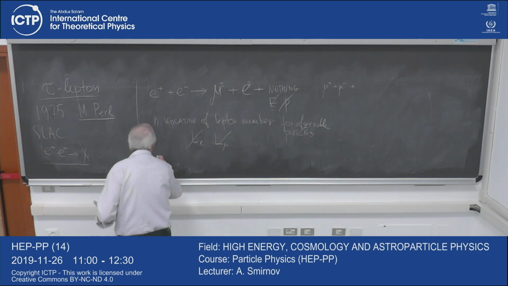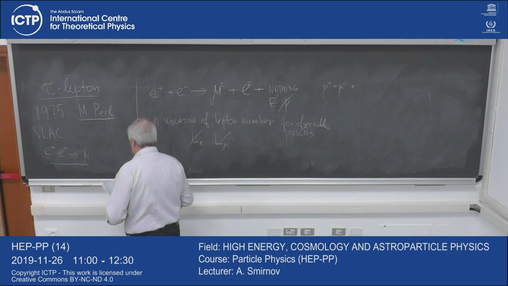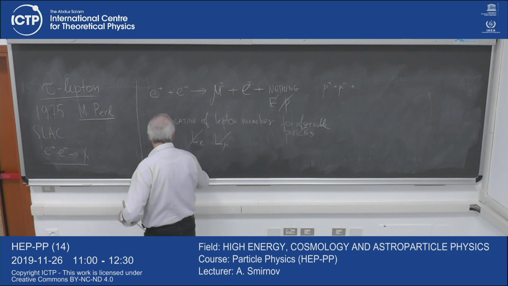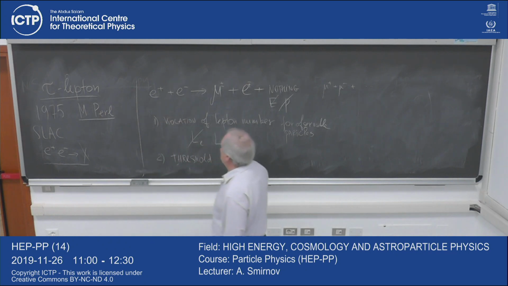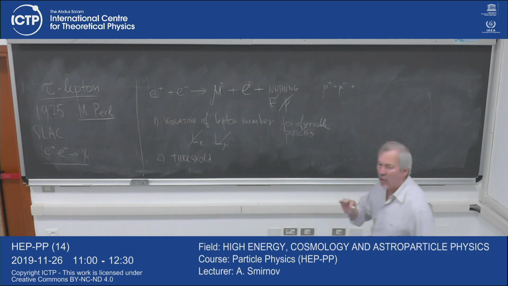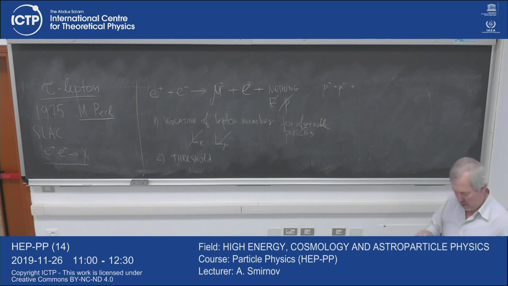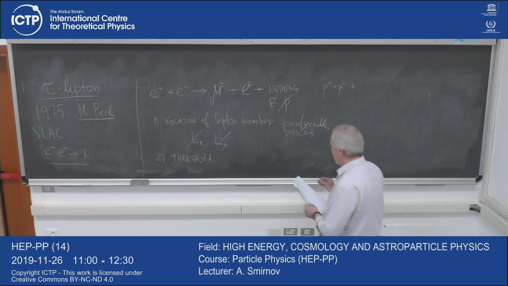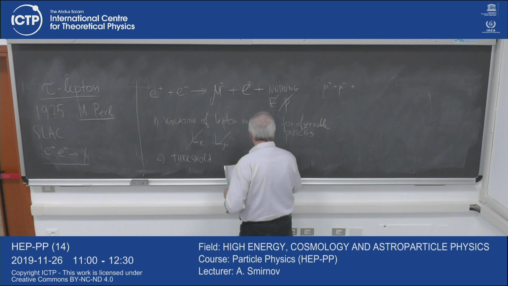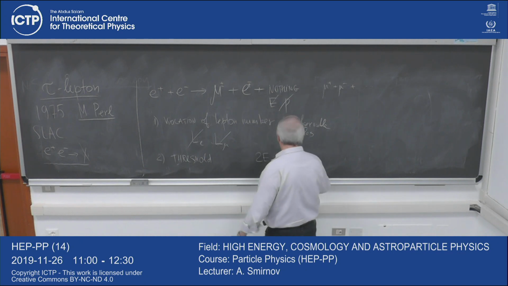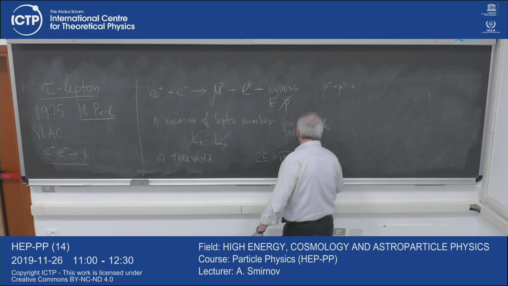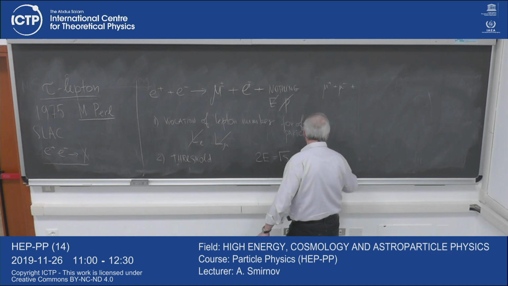The second important feature is that these events have a threshold. This means that such events appear only above a certain energy. They appear when the total energy of e+ and e-, which is square root of s, becomes bigger than 3.6 GeV.